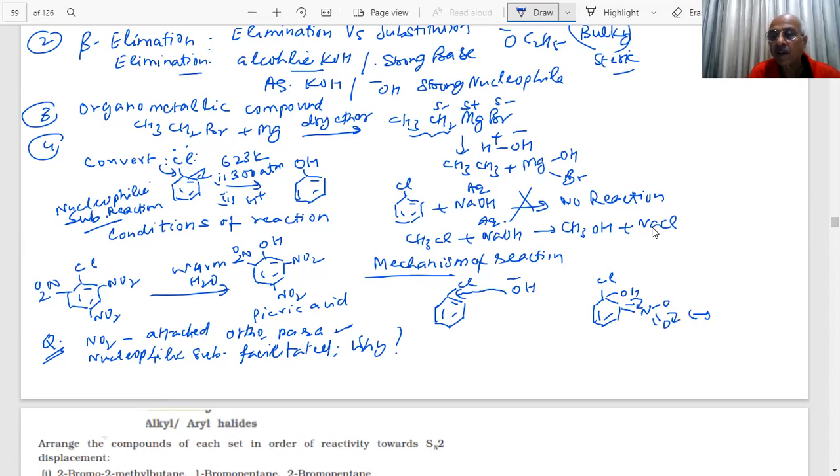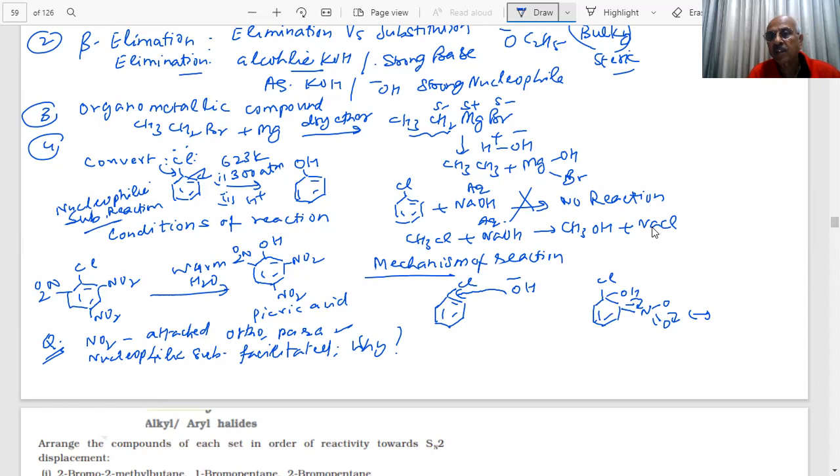If NO2 group is present at ortho and para position, student, what it can do? It can withdraw the negative charge. NO2 groups when present at ortho and para position, they can withdraw the electrons via resonance, student. So what happens?